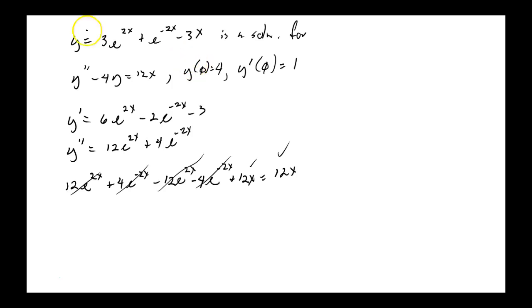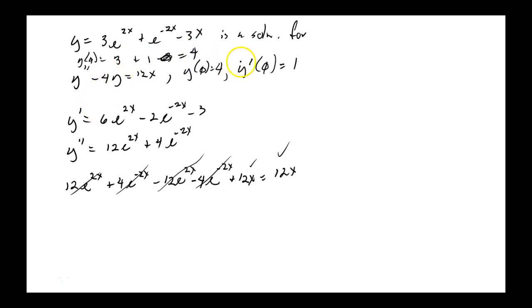Well, when x is equal to 0, plug that in here. y of 0 is equal to 3 plus 1 minus 0. 3 plus 1 is equal to 4. That works.